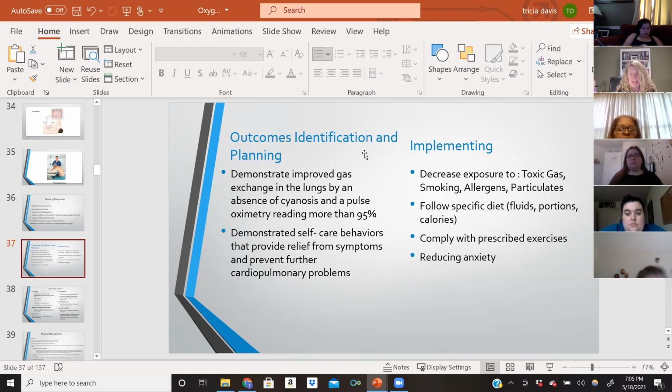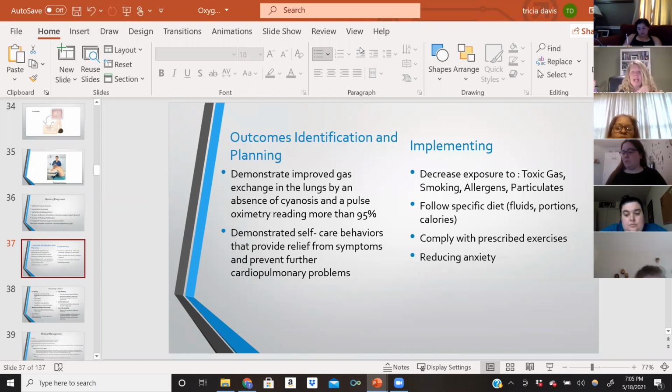So how can we implement some of these outcomes? Well, we can decrease their exposure to toxic gases, to smoking, to allergens, particulates. We can make sure that they're following a specific diet. So we're monitoring their fluids. They're eating smaller portions. They're eating reduced calories.